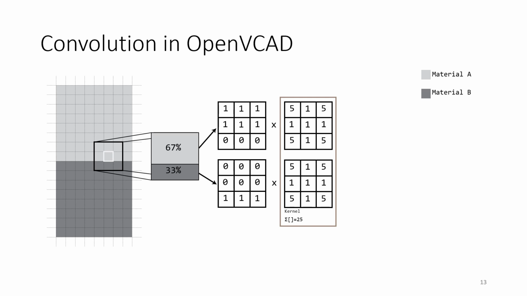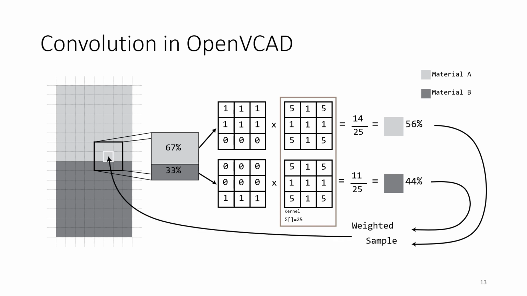And we're going to multiply and sum up these user-defined kernels with our masks. That's going to modify the distribution within that window, right? So now we have 56 and 44. We can then feed that back into the weighted sampling process, and then when we actually go to assign that when sampling into bitmaps, we can replace that conditionally based on those probabilities.